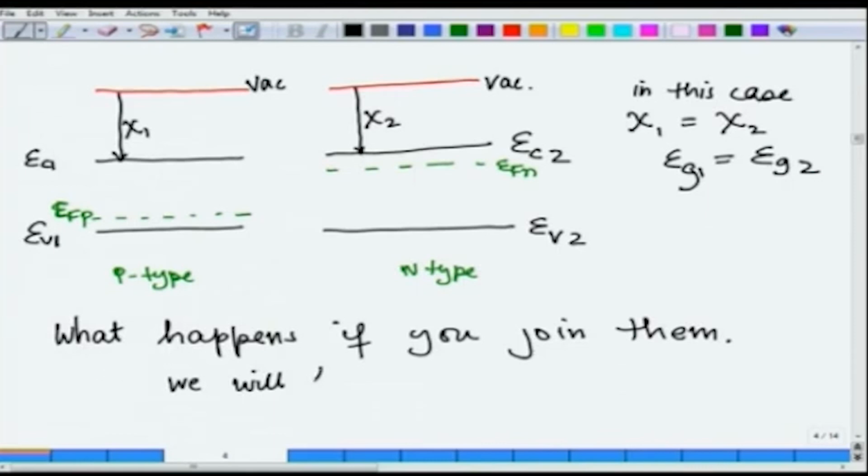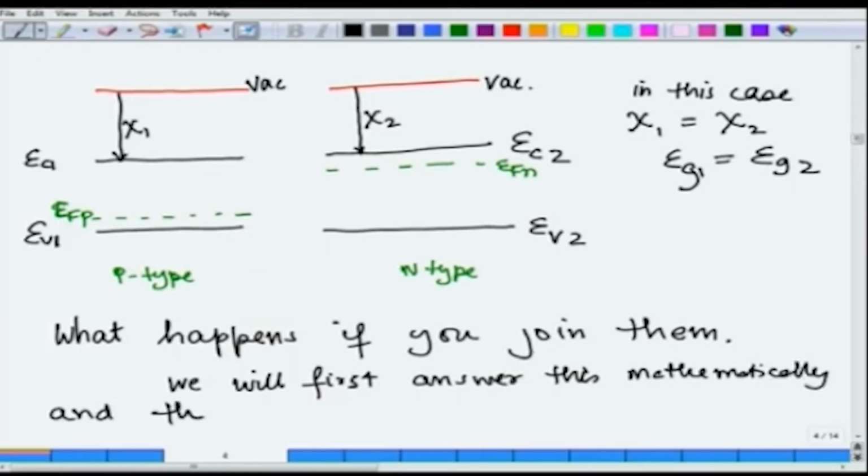We will first answer this mathematically and then examine it physically. So, that is what we will do.